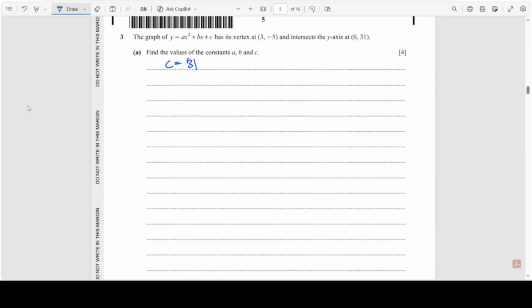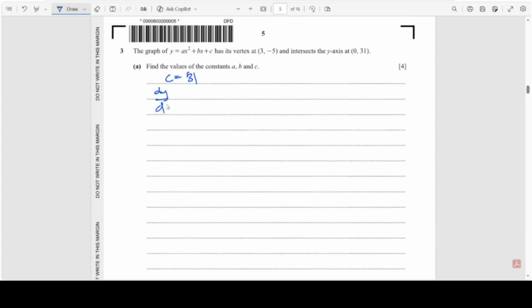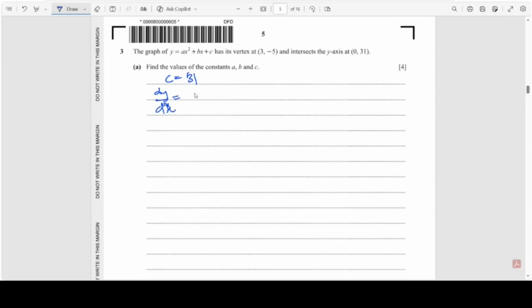So we can start from here that c is equal to 31 without any stress. Now next is to find the vertex of that equation. So we are going to find dy/dx. dy/dx is equal to 2ax plus b. And remember, whenever you want to find the x value at the vertex, we equate the derivative to zero, right? And what this question is saying is that after equating the first derivative to zero, the x value that was found was 3, right? So it means we are going to replace x over here by 3.